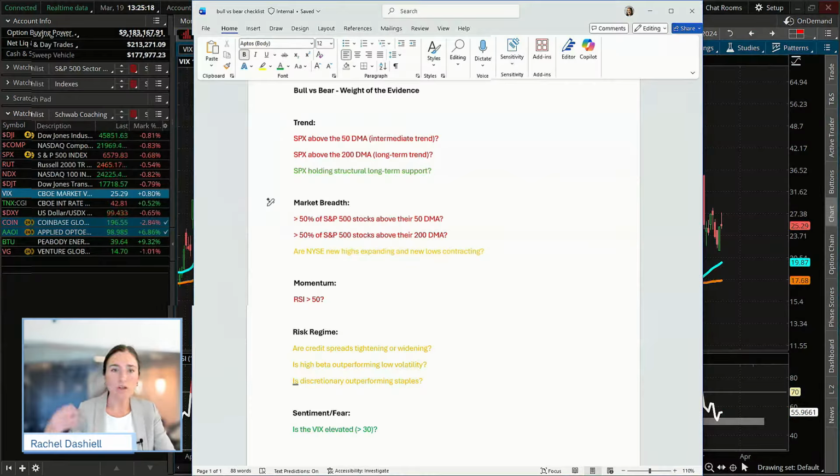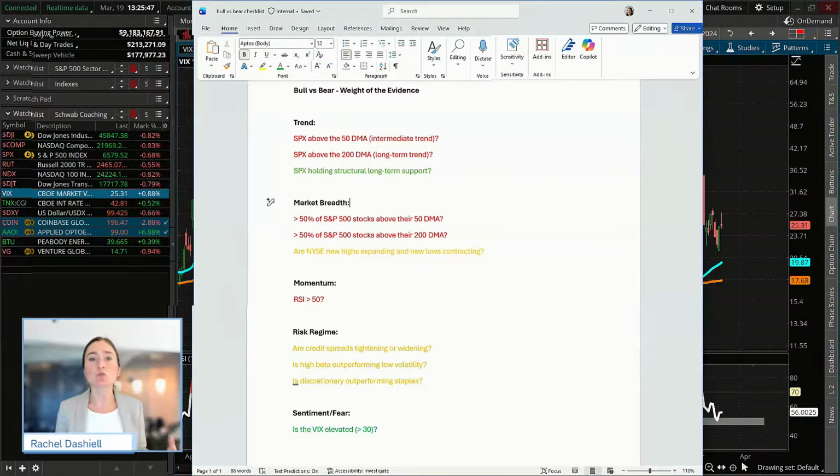Obviously, if you are using that as your sentiment or fear gauge, if you're building a weight of the evidence approach, you need to know what goes into building that type of indicator. It's really important. I know other traders may use the AAII or Investors Intelligence survey results to look at levels of historical optimism, pessimism.